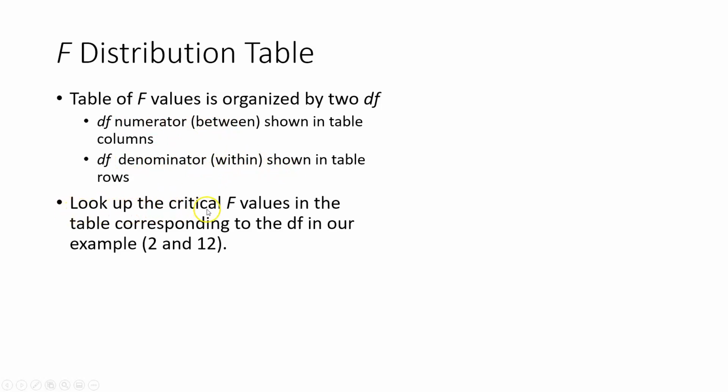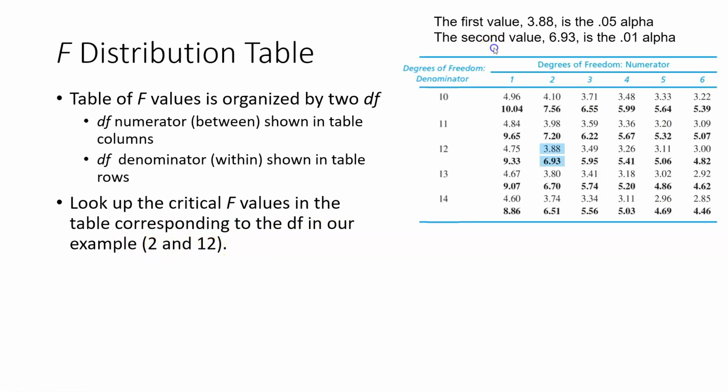So we're going to look up the critical F values that we should have gotten in this situation about the cell phone experiment in the table corresponding to the degrees of freedom that we had in our example, which were 2 and 12. So here's an example of what the table looks like. You've got degrees of freedom numerator and degrees of freedom denominator.